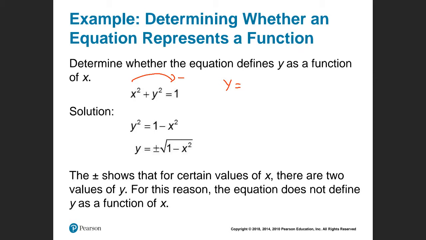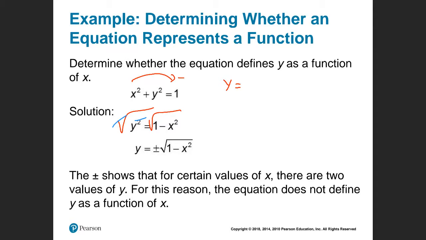Then take the square root of both sides because we need y. The square cancels, so y equals plus or minus the square root of 1 minus x squared. The plus or minus shows that for a certain value of x, there are two values of y. For this reason, the equation does not define y as a function of x.